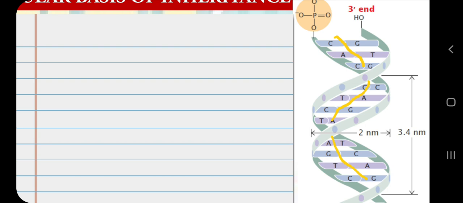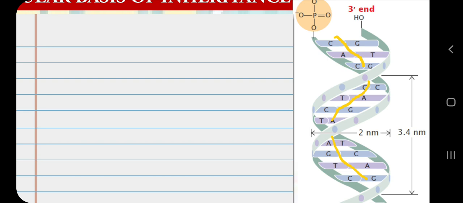When we talked about macromolecules in class 11th, we learned about the covalent bonds in proteins, carbohydrates and nucleic acids, and let me remind you those bonds: the glycosidic bonds in carbohydrates, peptide bonds between the amino acids in proteins, and finally phosphodiester bonds in DNA and in RNA.